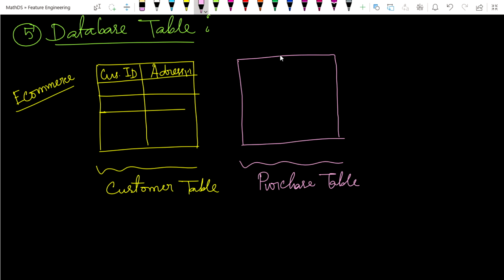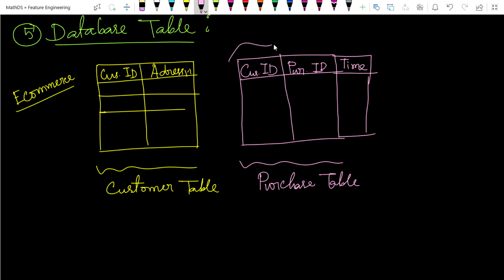In these purchase tables we have the customer ID, the purchase ID, and one important thing: the time at which they made the purchase. Time is also very important. It's actually time series data.